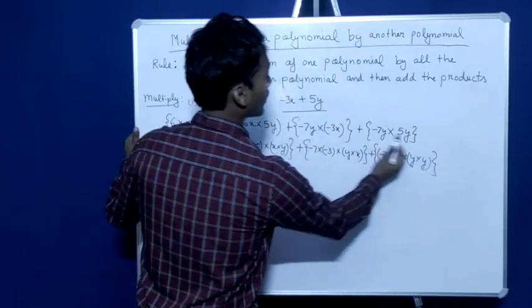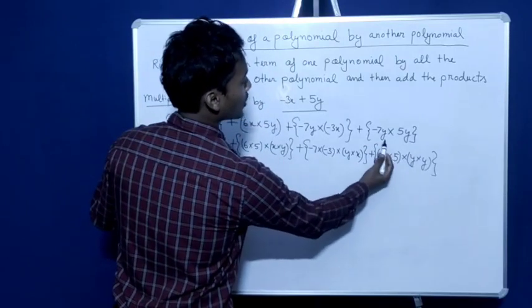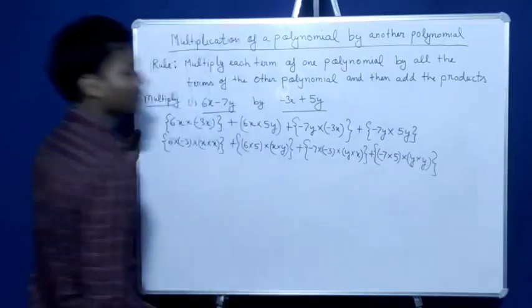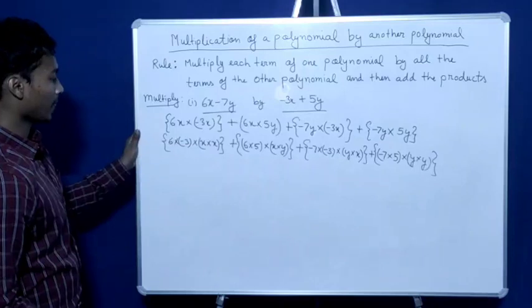Clear? -7 and 5, that is the numerical coefficient, y and y as the variable coefficient.